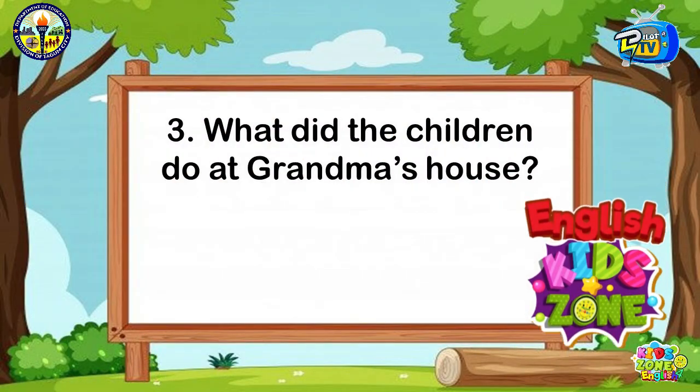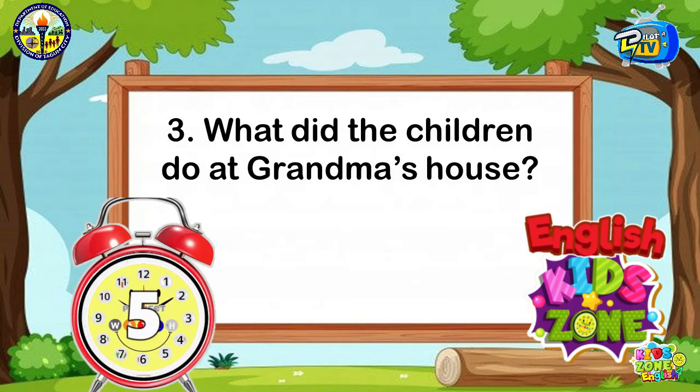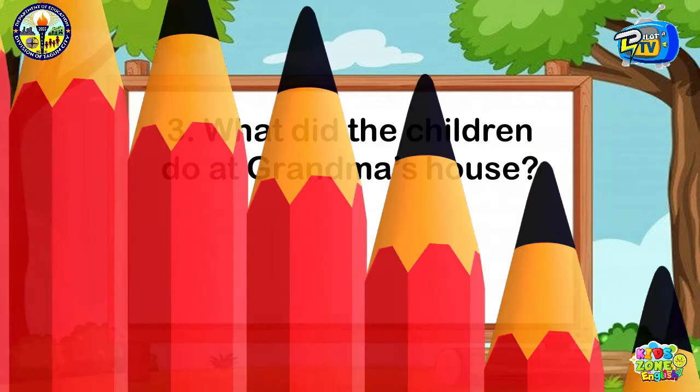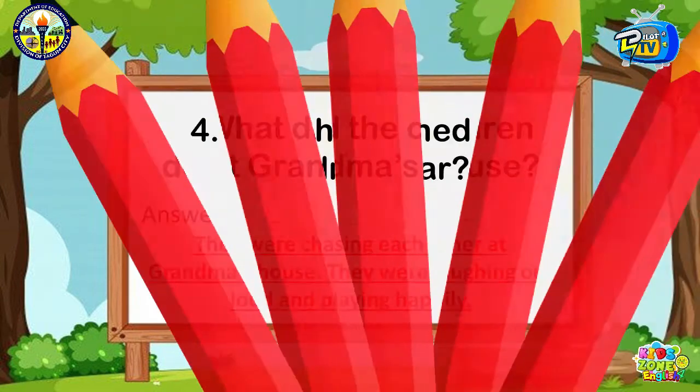Number 3. What did the children do at Grandma's house? Your timer starts now. Time's up! Awesome, kids! The correct answer is they were chasing each other at Grandma's house. They were laughing out loud and playing happily.